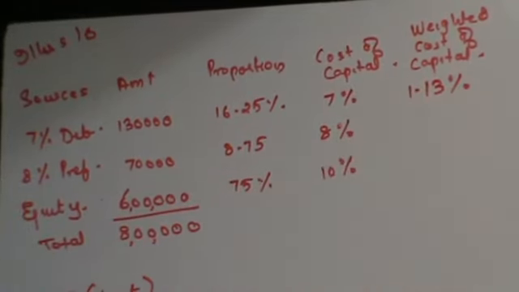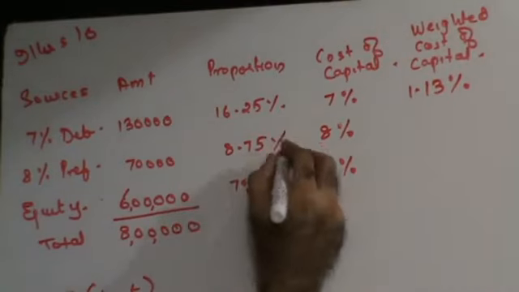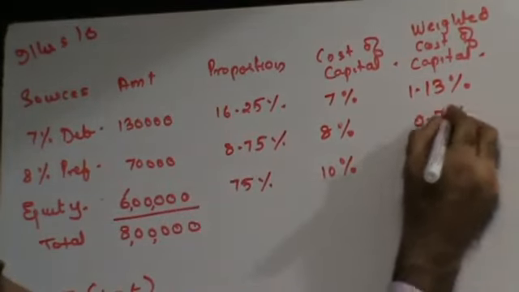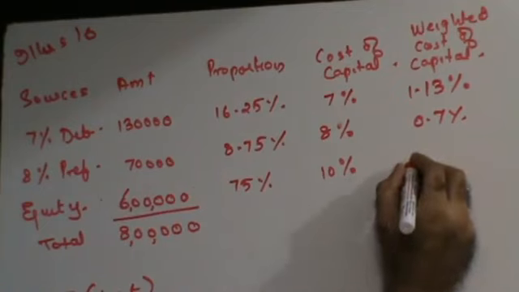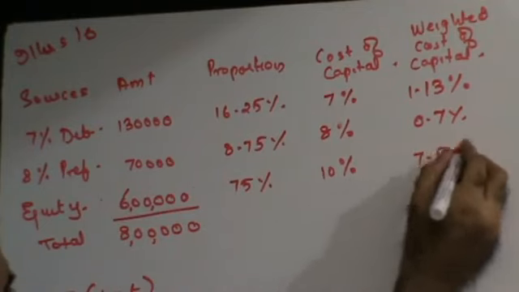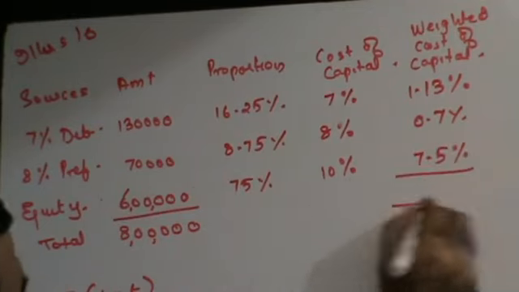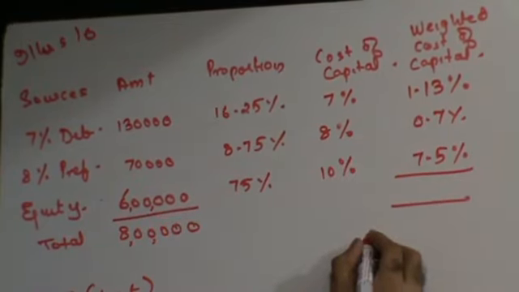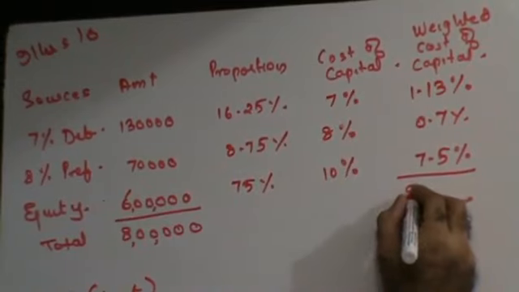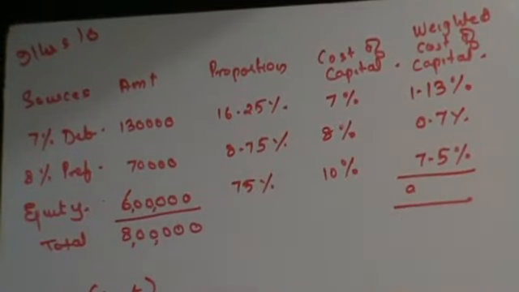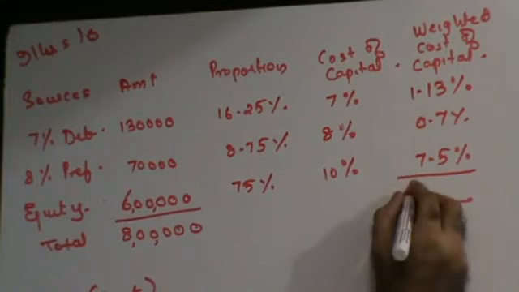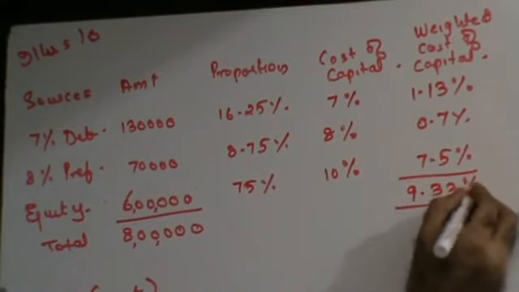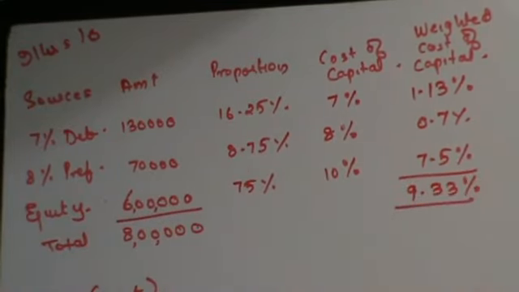Next, 8.75 into 8% is 0.7. And 75 into 10% is 7.5%. Add this: 9.33%. So your weighted cost of capital is 9.33%. This finishes the sum. Let's move on to the next one.